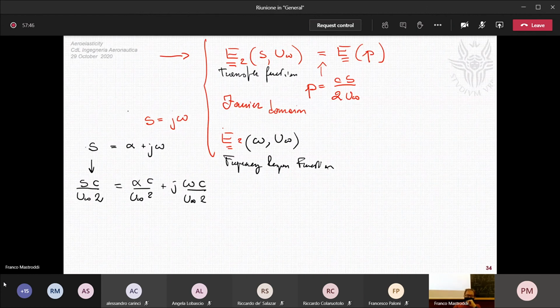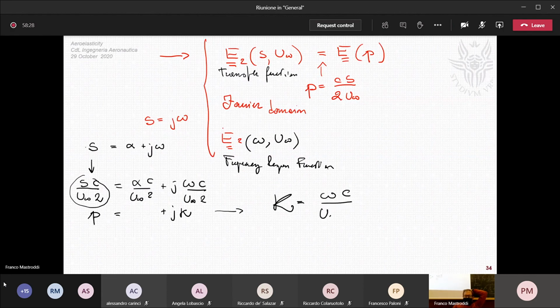Now, the Laplace variable has a real part and an imaginary part. This imaginary part is currently the frequency of the Fourier domain, right? But if you consider this nondimensional form, like P defined before, you have a nondimensional real part plus a nondimensional imaginary part, also known as K. Okay? And this K is equal to omega C divided by U infinite by 2.